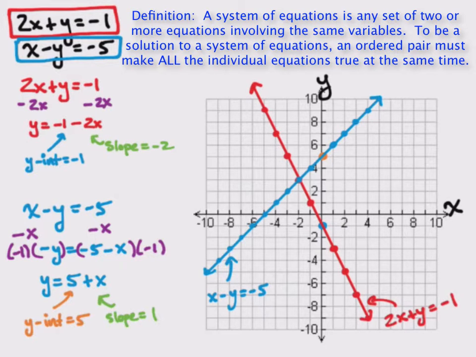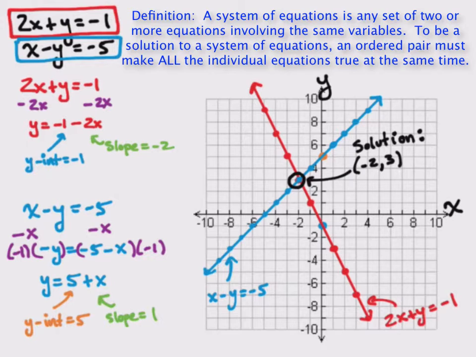Well, we see that these two lines intersect right here at the point (-2, 3). This means that (-2, 3) makes the equation 2x + y = -1 true, and the equation x - y = -5 true. That means that ordered pair is a solution to both equations. Therefore, this is the solution to our system of equations.